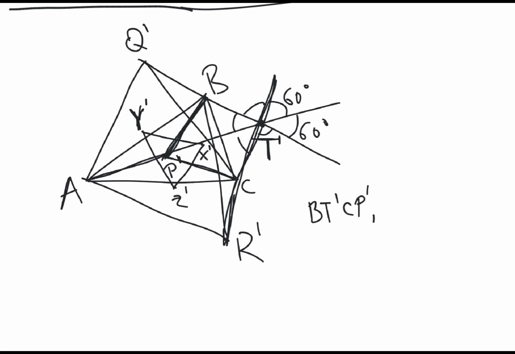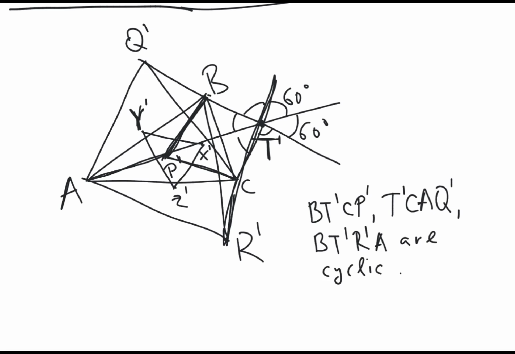So this quadrilateral then T prime C A Q prime and B T prime R prime A. So all three of them are cyclic.